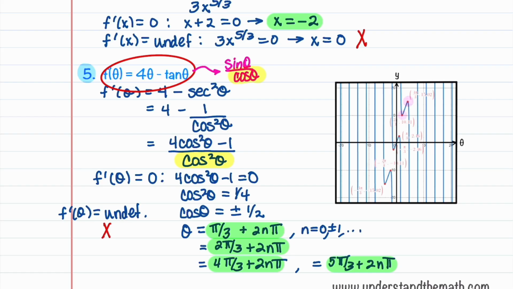These points that I'm going to highlight, those are our critical points, and you can see that they are local max and mins. And as we continue to go to the right and to the left, there are going to be an infinite number of those critical points and an infinite number of local max and mins.